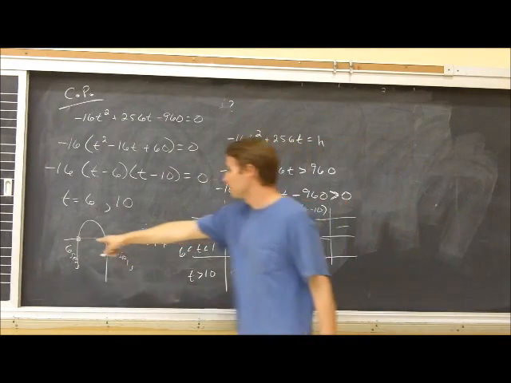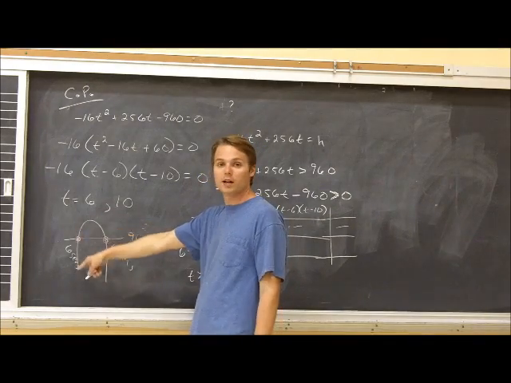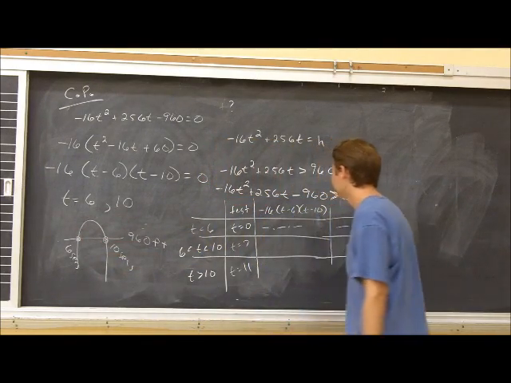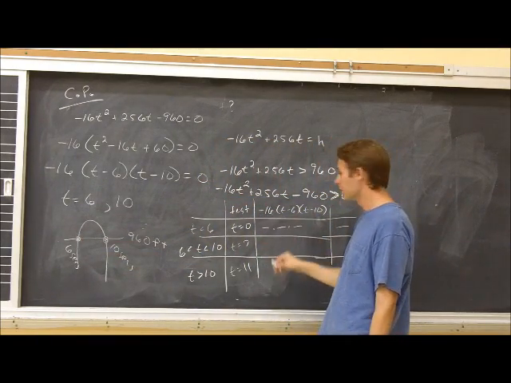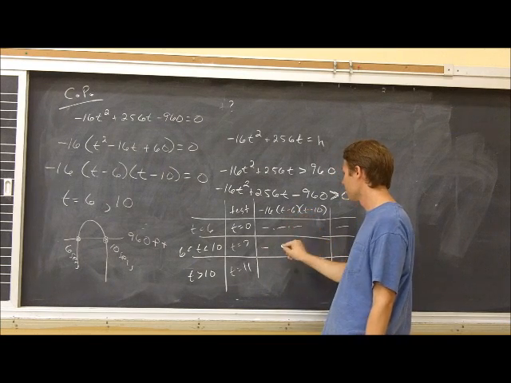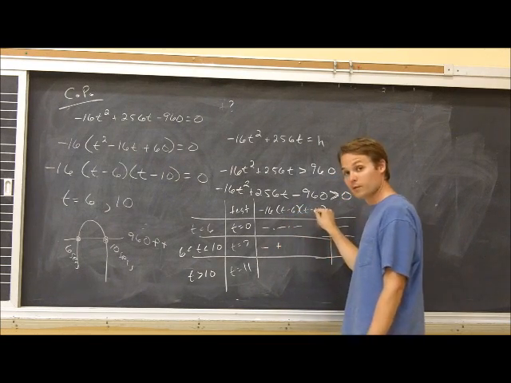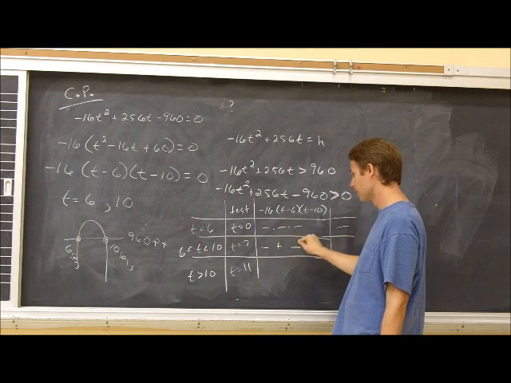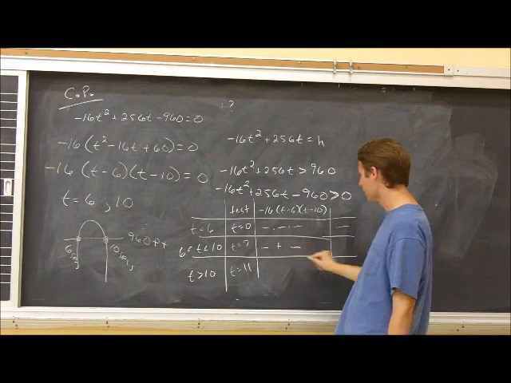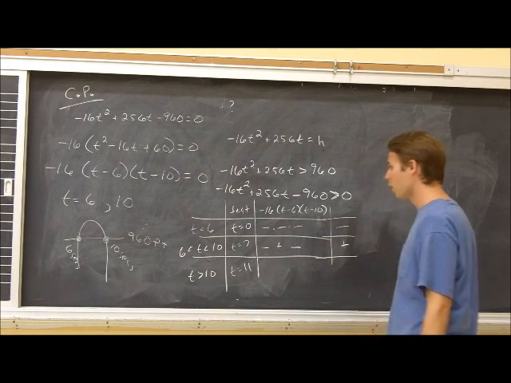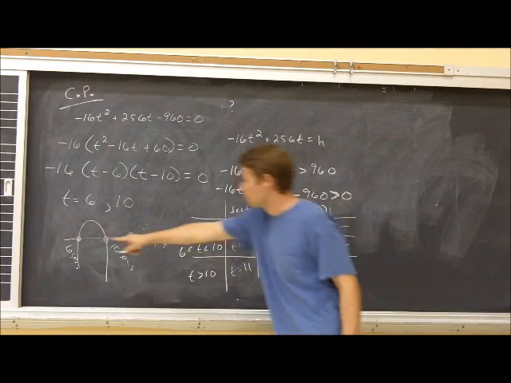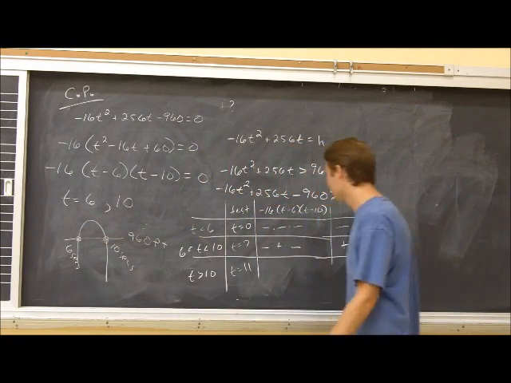At this interval, t is less than 6, it's still below the 960 mark. Plug in t equals 7, we get a negative here, and 7 minus 6 is positive. 7 minus 10 is negative. A negative times a negative is positive times another positive. This will always be positive. Again, this is what we found with our diagram.